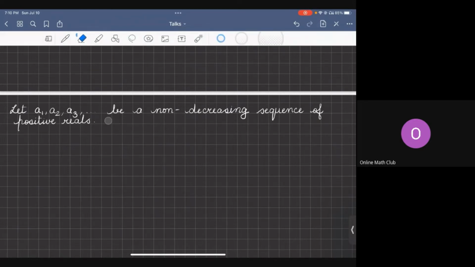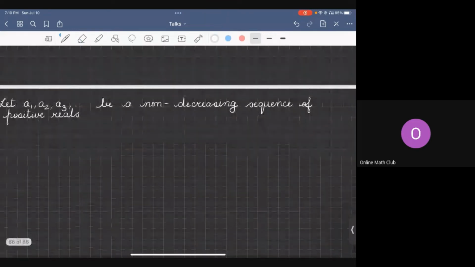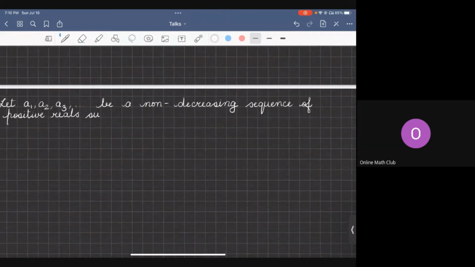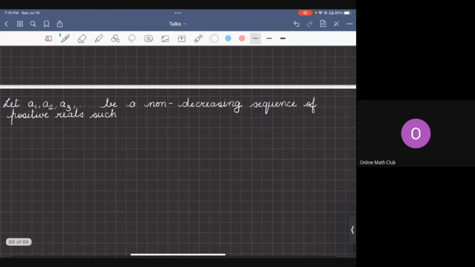Sorry. Such that A1 plus A2 plus A3 plus so on diverges.